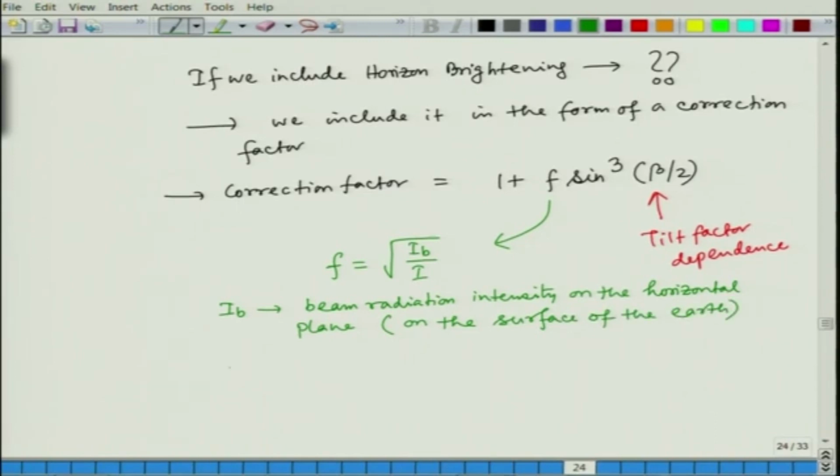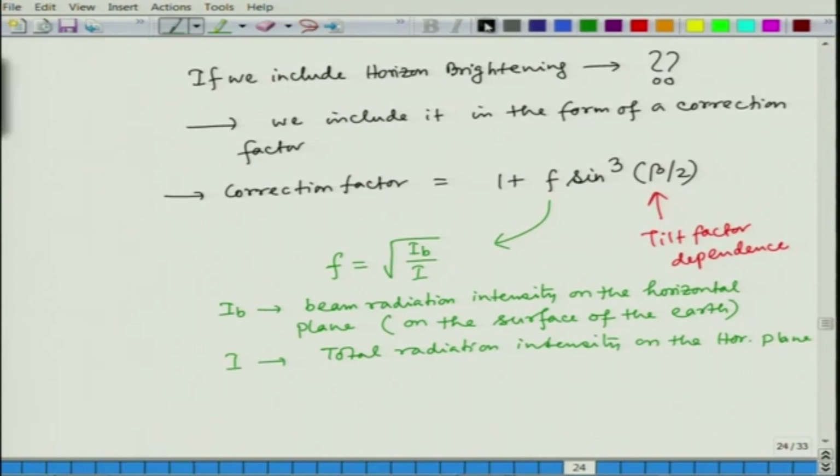Okay. And I is what? I is the total radiation intensity on the horizontal plane. So, again it is a ratio between the beam radiation and the total radiation. Okay. And the square root of that gives you the correction factor.